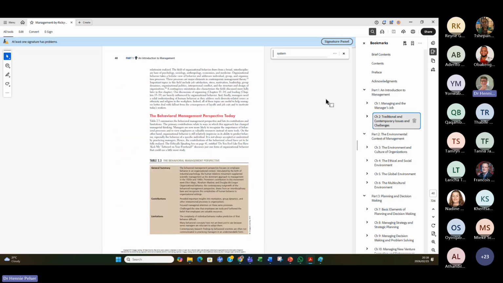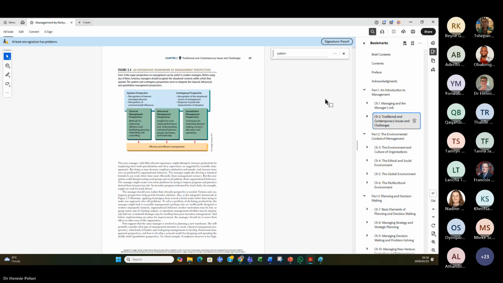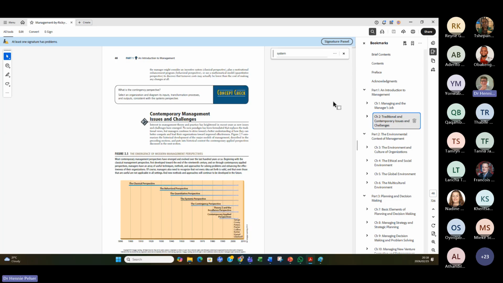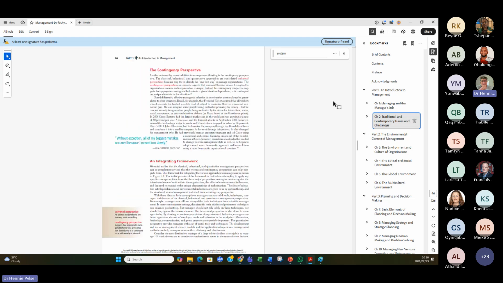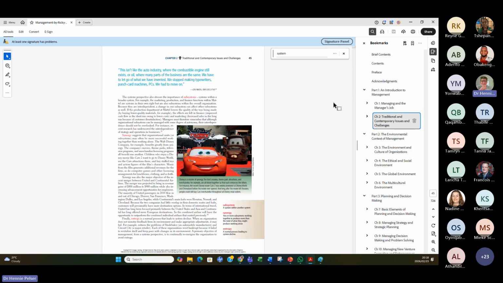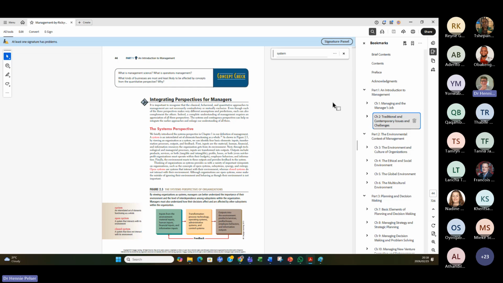So you're looking at pages 46, but particularly, there it is, my apologies, page 44. So you're looking at page 44 in my textbook that I've shared, and page 45. Page 44 and 45 for the systems theory.